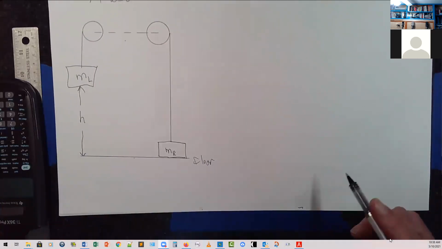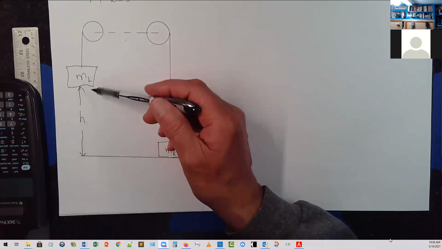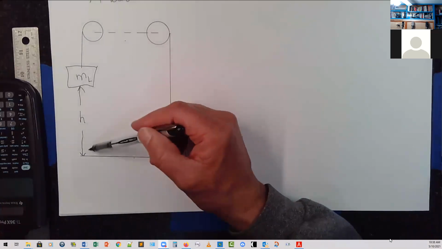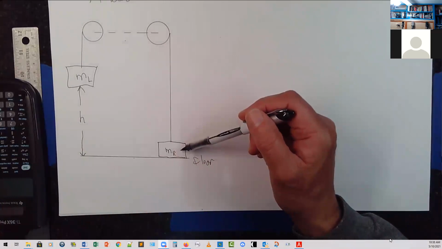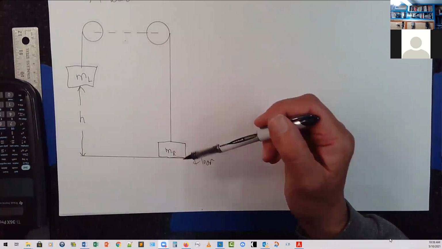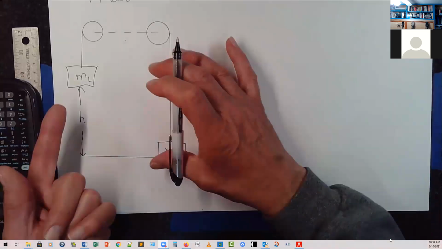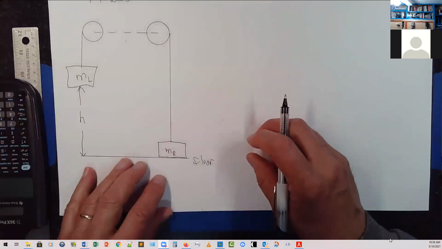Turns out it slows things down. This doesn't accelerate toward the floor with the acceleration due to gravity because it's resisted by this extra mass over here. So I'll model a solution here. There's our situation. It's nice a lot of times to have a sketch when you make a solution.